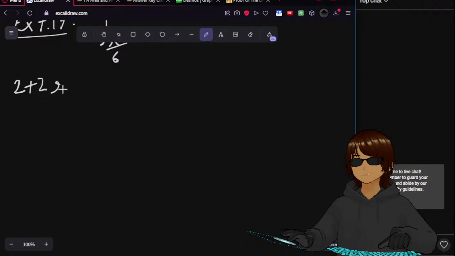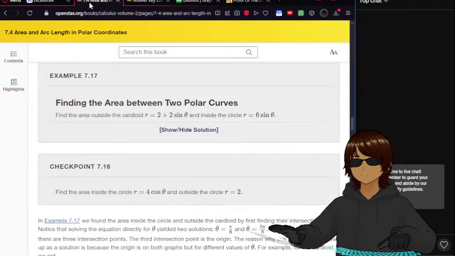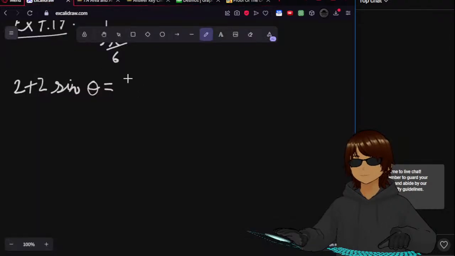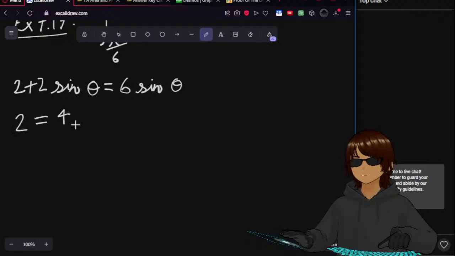So 2 sine theta is equal to 6 sine theta, and this leaves us with 4 sine theta.